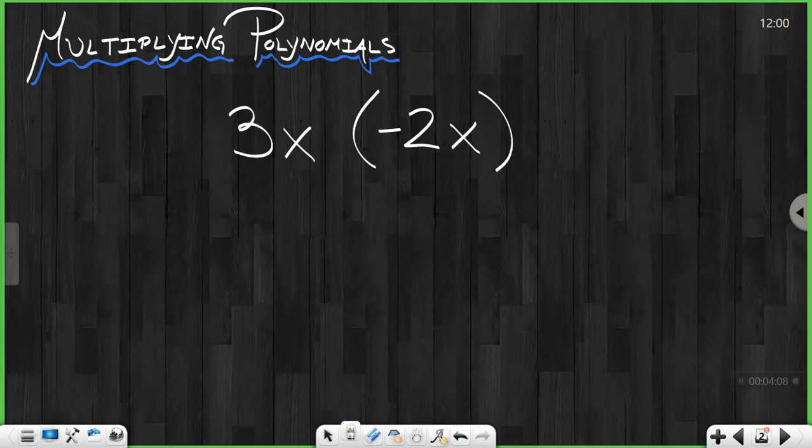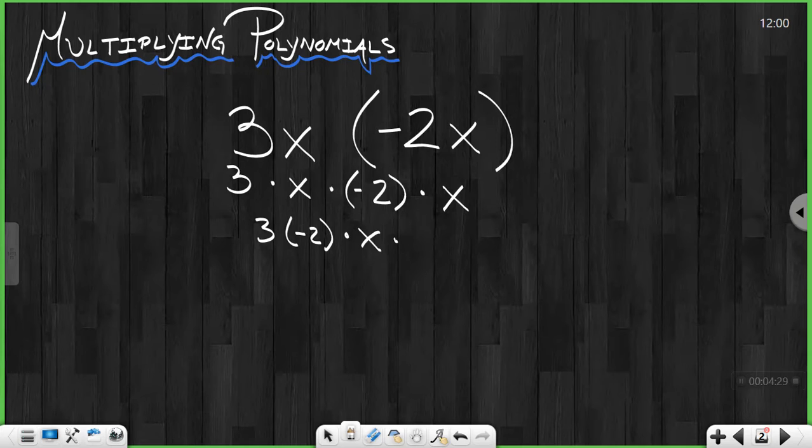What I'm really seeing here is that all of these things are being multiplied together, which means I could rewrite this as 3 times x times negative 2. I'll put that in parentheses because it's negative. Times x. Multiplication is commutative, which means it can move around.